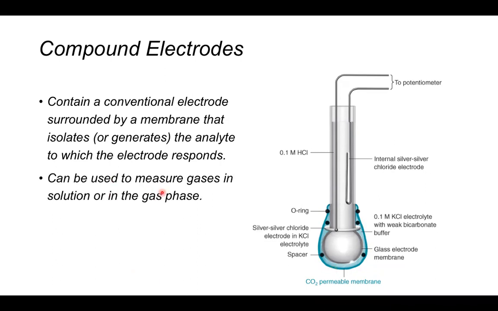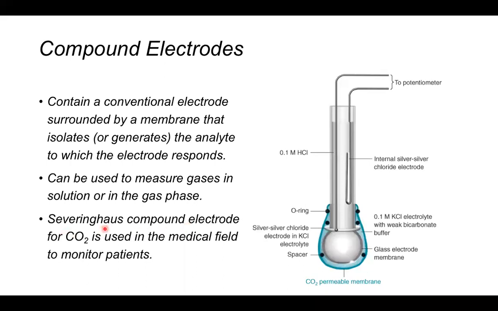So this can be used to measure gases in solution or in the gas phase. A spherical compound electrode for CO2 is used in the medical field to monitor patients. What's happening here is that the CO2 diffuses through this membrane here. It's just some sort of polymer.